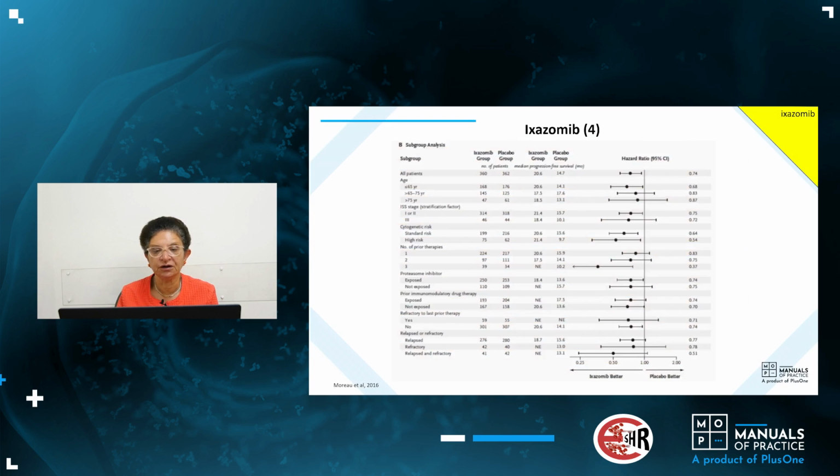Let us look at subgroup analysis. Yes, the addition of ixazomib to Revlimid Dexa gave better results in all subgroups versus the patients that were receiving placebo with Revlimid Dexa, even in elderly patients and even in high-risk cytogenetic groups.